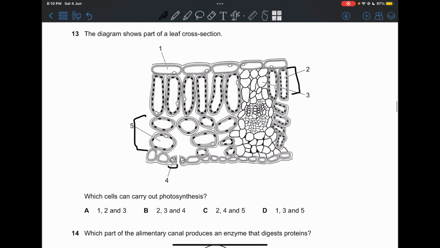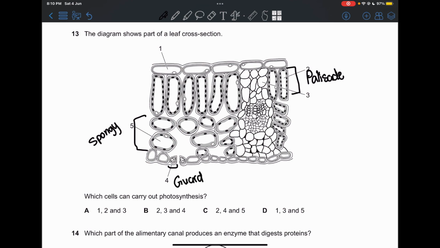Now, question number 13. The diagram shows part of a leaf cross-section. Which cells can carry out photosynthesis? Now, any cell that has chloroplast, as I have drawn over here, this one, and this one. This one is the palisade mesophyll cell. This one is the spongy mesophyll cell. And this one is the guard cells.